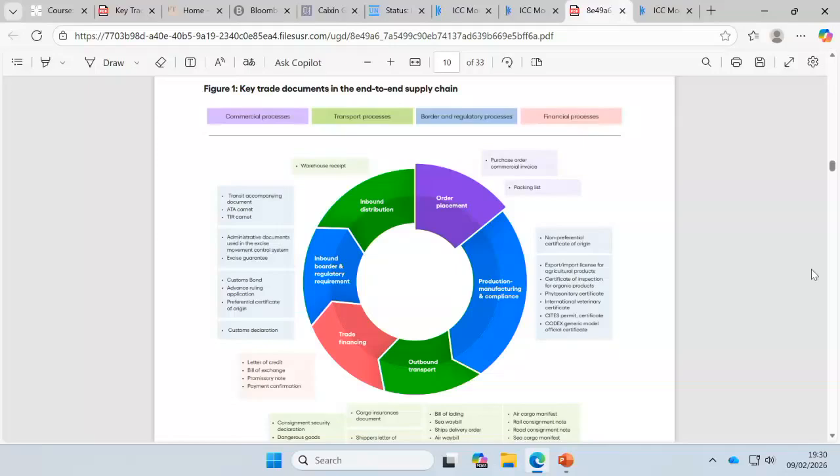So we were just looking at order placement. So this is your purchase order, commercial invoice, contract of sale of goods. This is your base part of manufacturing. Production, manufacturing, and compliance, this often has to do with regulatory processes.